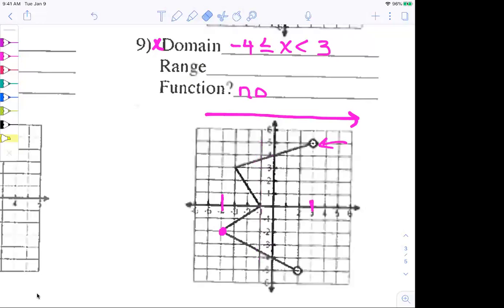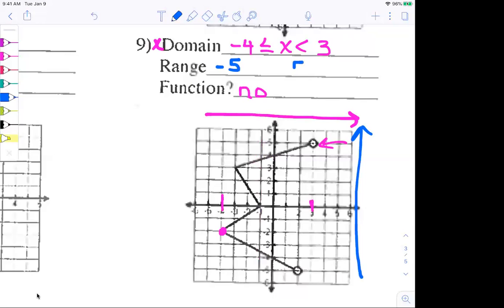So then if we look at the range for this graph, when we think of the range, we have to think of the lowest point to the highest point, the bottom of the graph to the top of the graph. So Lacey, can you give me the lowest point to the highest point of this graph? The lowest point is -5. Okay. And the high 5.